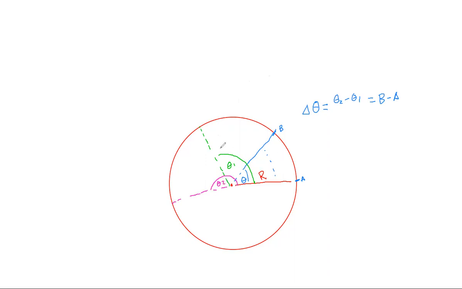Let's say this is where I start, theta 1, and where I end is theta 2. I was over in the upper left, and then I went further down because I'm spinning this way maybe. What I can figure out is that in this case, my delta theta is equal to theta 2 minus theta 1, just the difference between the angles.